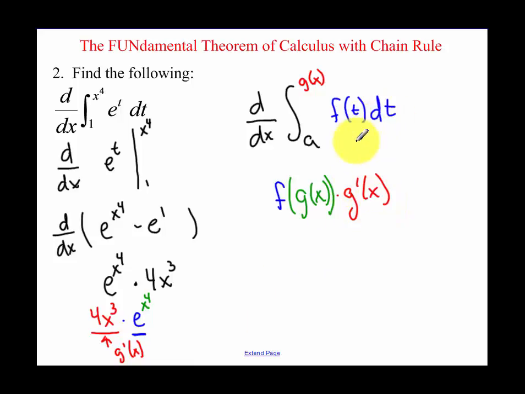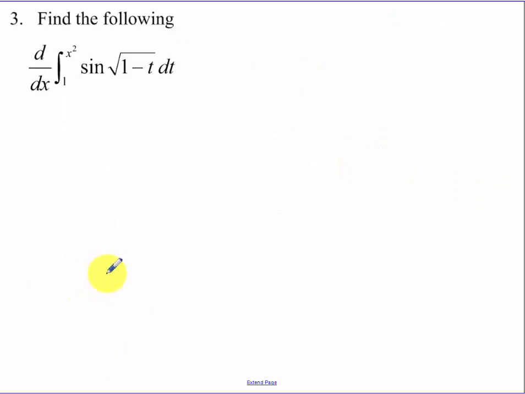So what we have going on there is a chain rule. So your final answer, because they're not always going to be functions that you know how to evaluate, is f evaluated at g of x times the derivative of g of x. See, I told you it was going to happen.